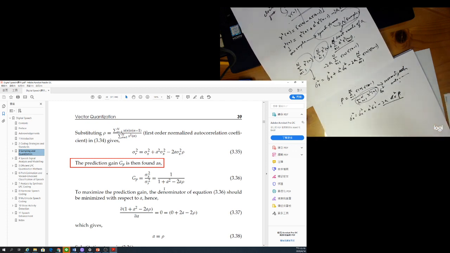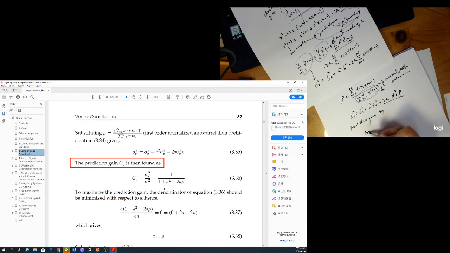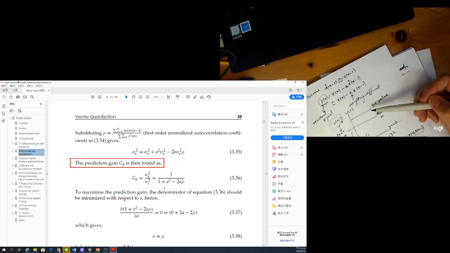So they define one called the prediction gain, GP here. For the prediction gain, we try to make sure the original signal energy over your residual signal energy is maximized. Like originally, we have a DC term.